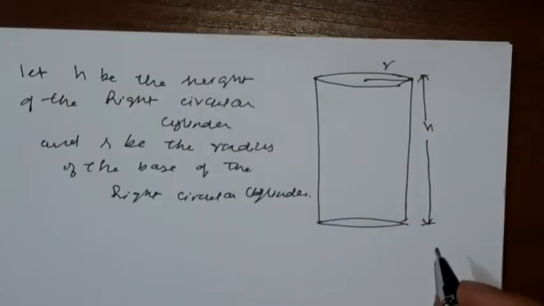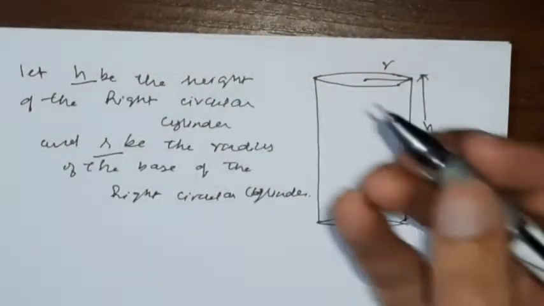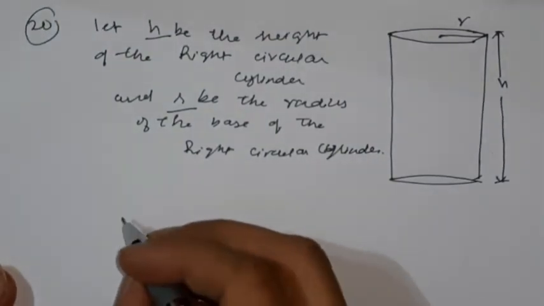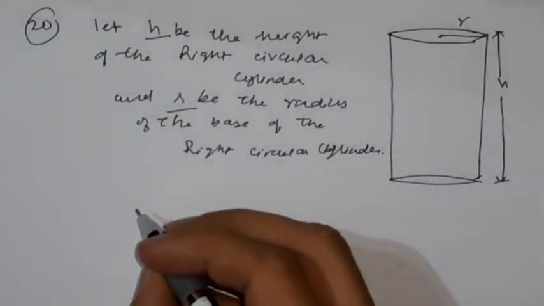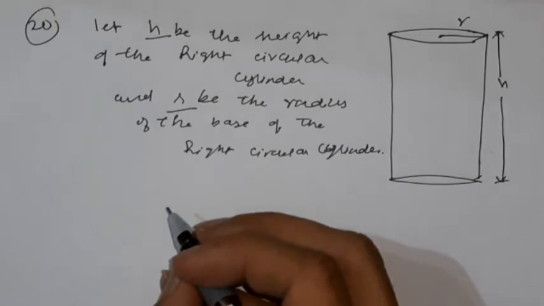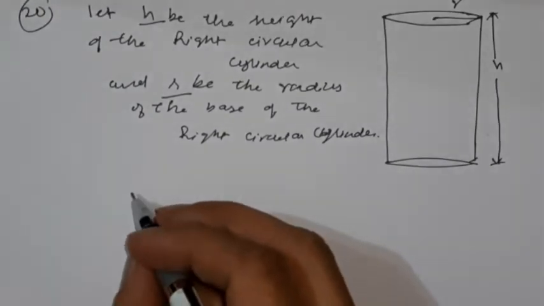So r is the radius, h is the height. Now what we have to do is find the maximum volume when the surface area is given to you.